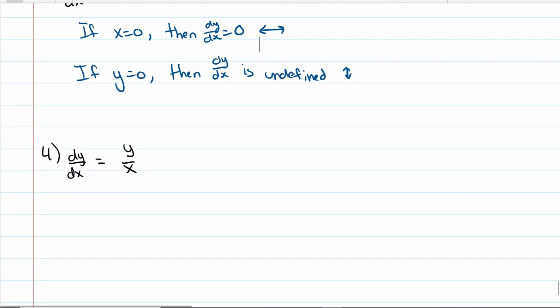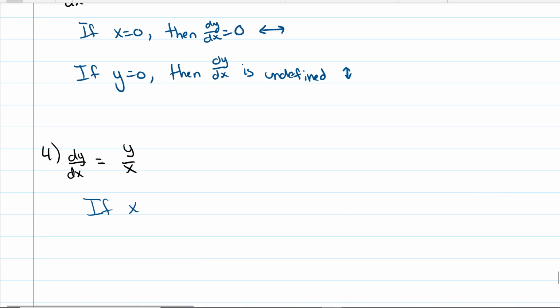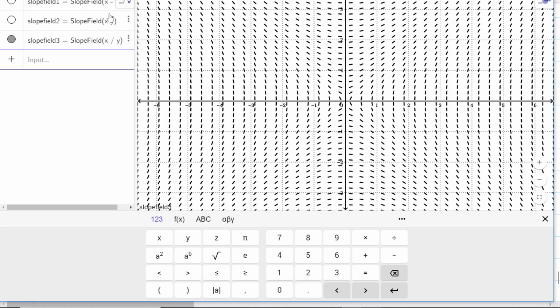And for the last one, y over x, it's just going to be the reverse. So if x equals 0, dy/dx is undefined. If y equals 0, dy/dx is 0. So let's look at a slope field with that.